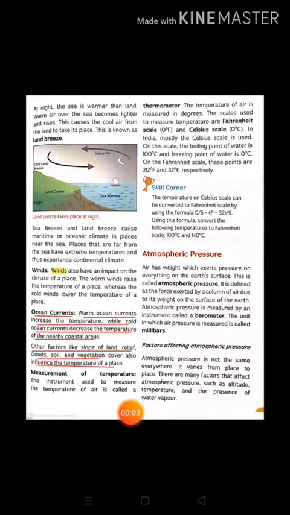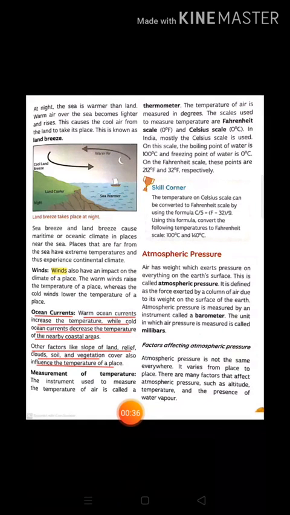Ocean currents. Students, first let's understand what an ocean current is. A stream of water in an ocean flowing in a constant direction is called an ocean current. Ocean currents are of two types: warm ocean currents and cold ocean currents. Similarly, like winds, if the coastal areas receive warm ocean currents, then the temperature will increase.